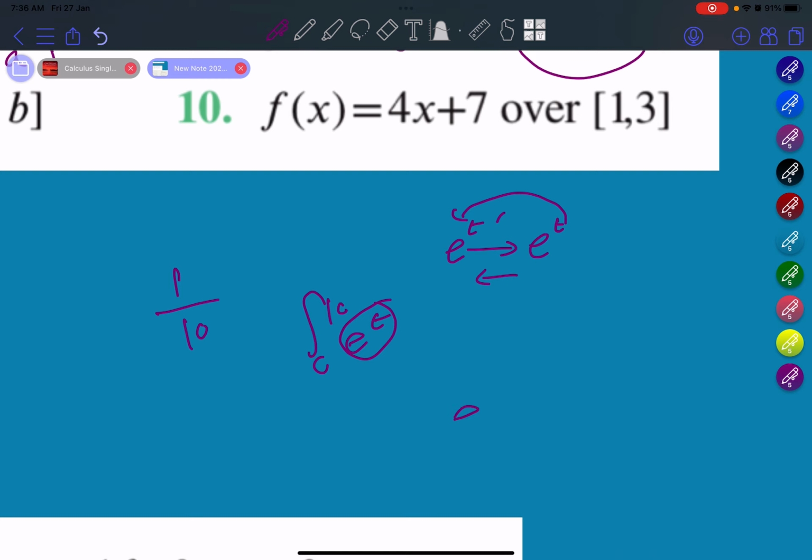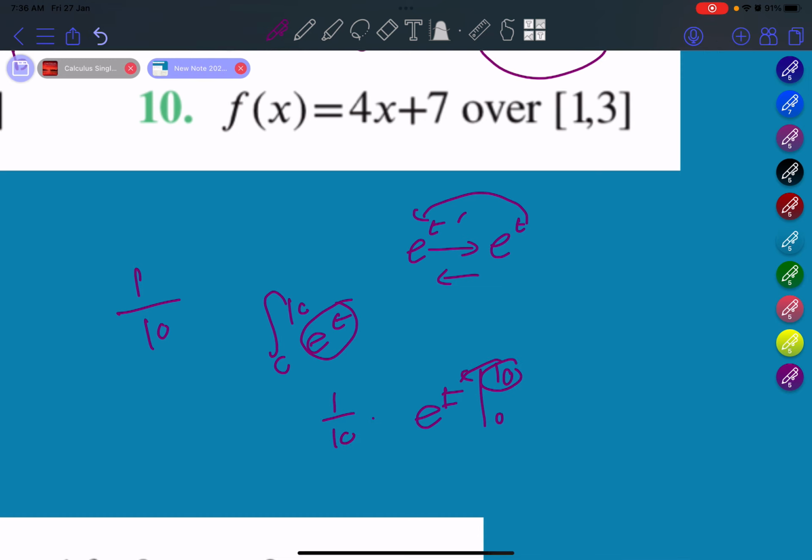It's the same thing, e power t, from 0 to 10, times 1 over 10. So let's sub in 10 first. It becomes e power 10 minus, let's sub in 0 now, e power 0, divided by 10. Anything power 0 is 1. So e power 10 minus 1 over 10. This is our final answer.